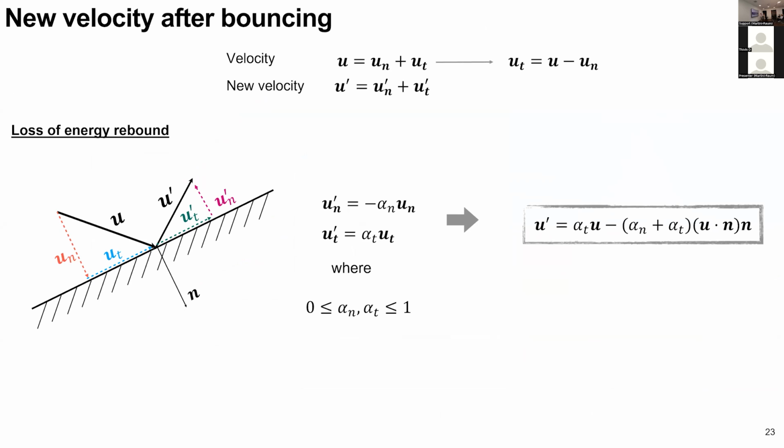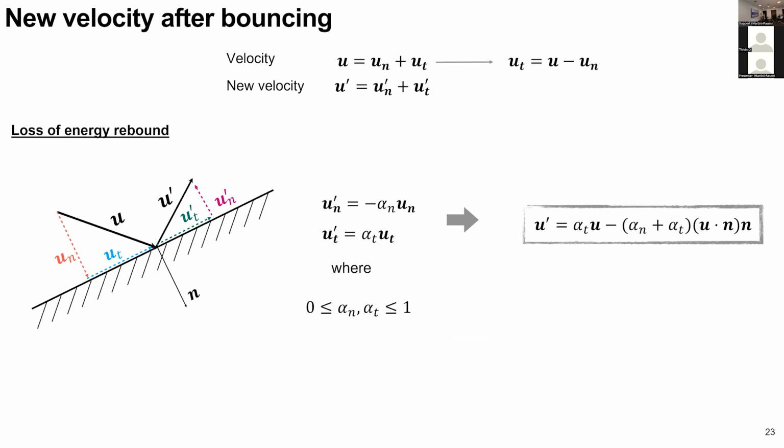As we need to meet the deposition criteria, we need to consider an inelastic type of bouncing, a loss of energy type of rebound. To do this, we introduce parameters alpha n and alpha t for the velocity after the collision. These two parameters vary between 0 and 1.